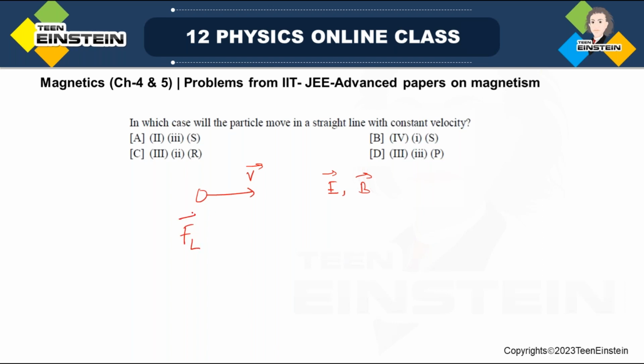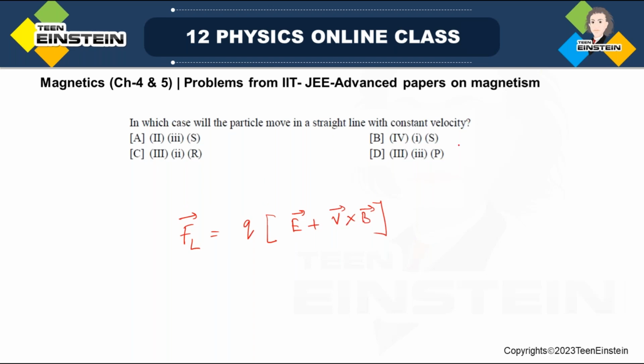As you know, Lorentz force is given by the charge q into E plus v vector cross B vector. So F equals q into E plus v cross B. So this is the formula, and see, the charged particle will move in a straight line with a constant velocity. That means what?